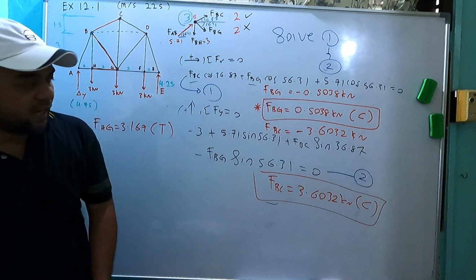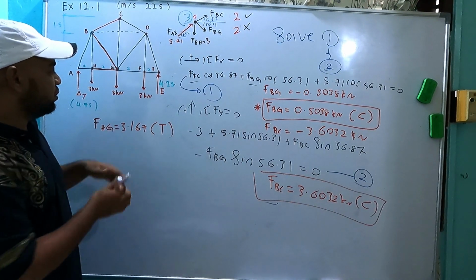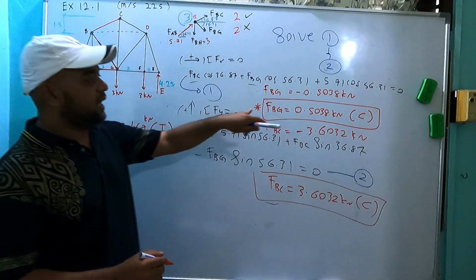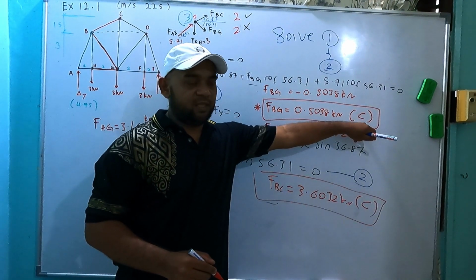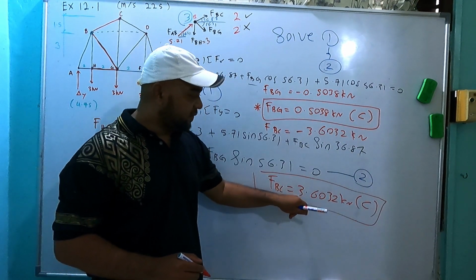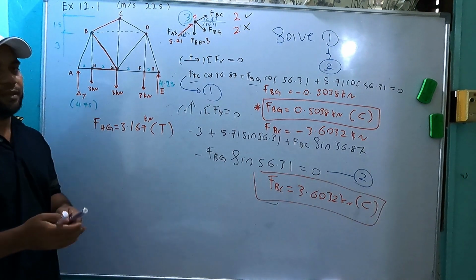Your final answer must have this FSG value, kilonewton tension or compression, FBG value, which is in compression, and FBC value, compression. You must write that one. If not, you will lose marks.